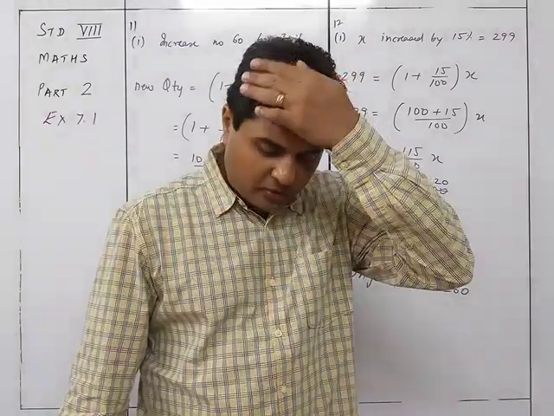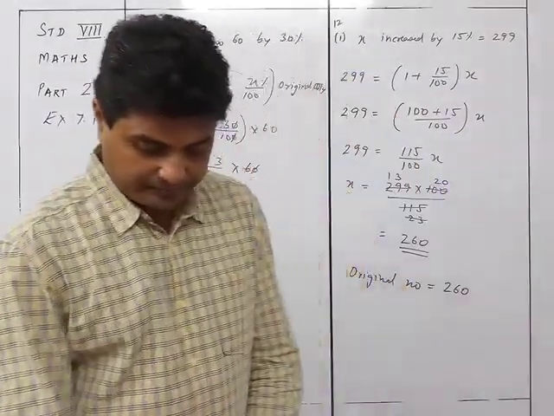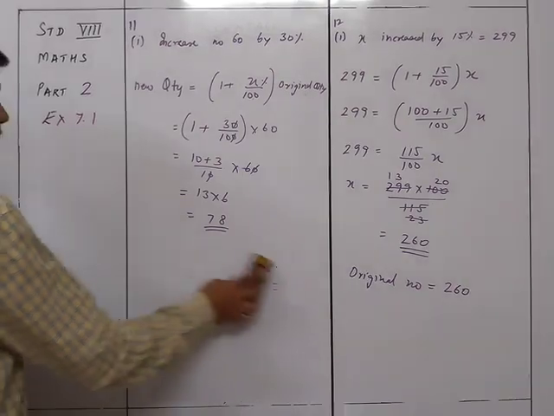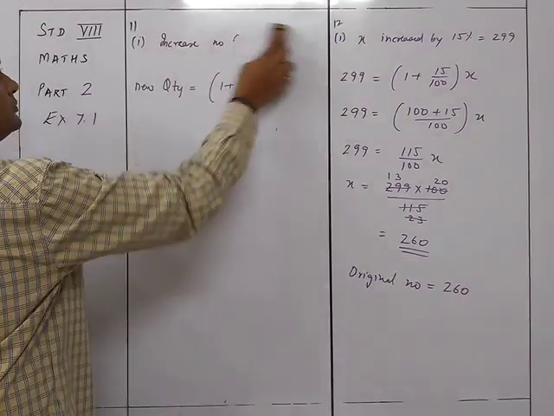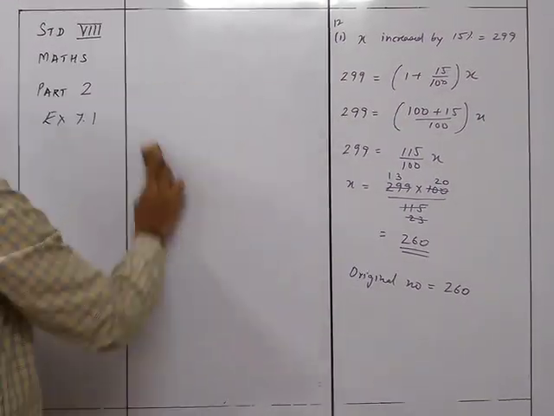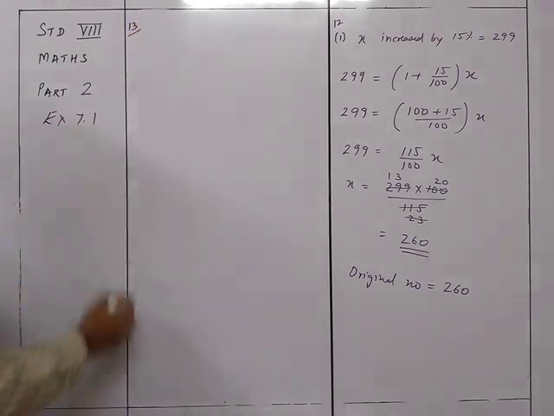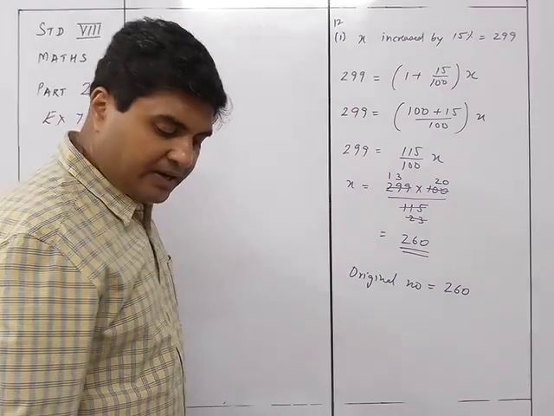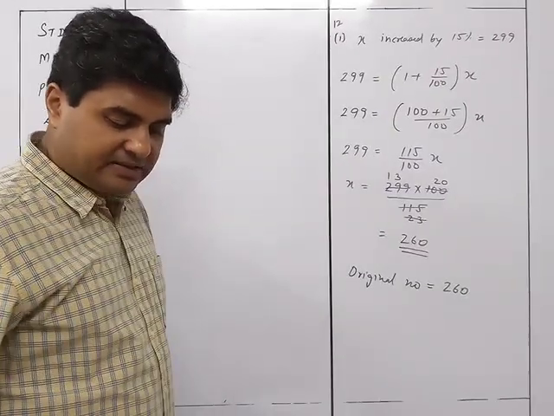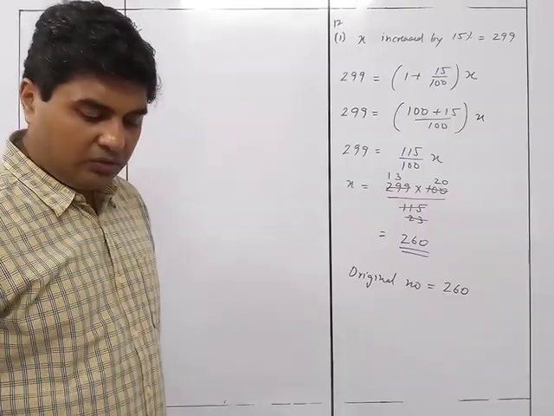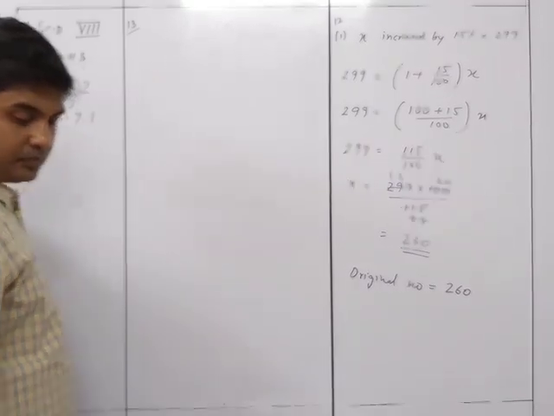Okay, we now move on to sum number 13. Mr. Khanna spent 83% of his salary and saved 1870, calculate his monthly salary.